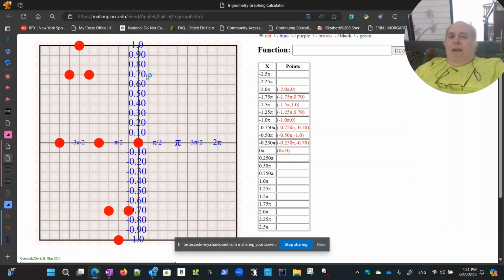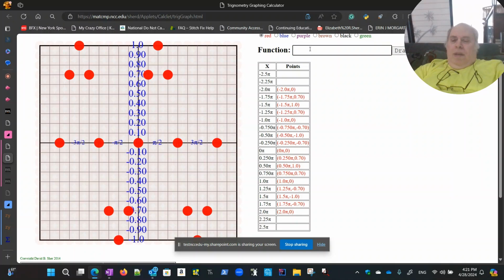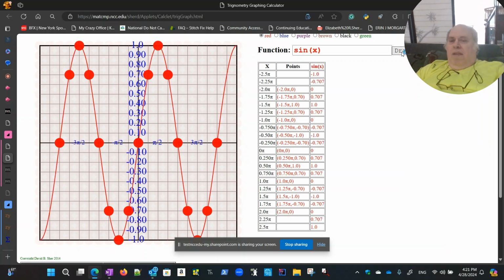So we go up 0.7, up to the top, back down 0.7, back to the middle, and then we do the bottom half of the circle, down 0.7, down to the bottom, and then back 0.7 and back to the middle. And this is what the sine of x curve looks like. You see, it also keeps going forever.